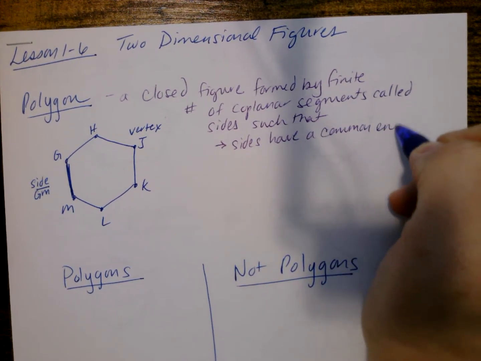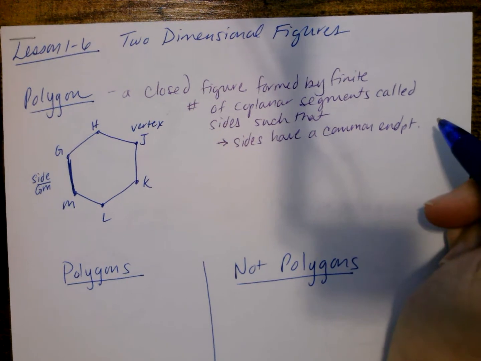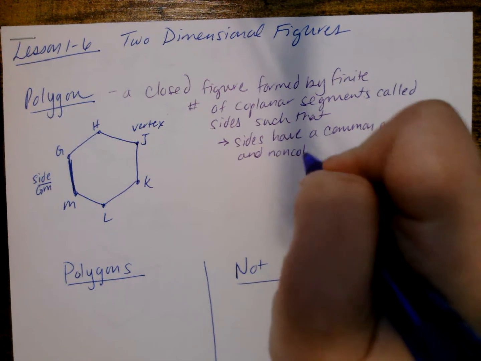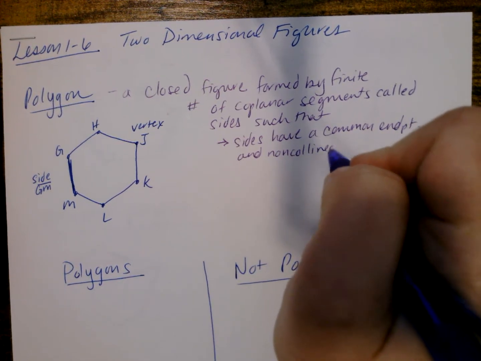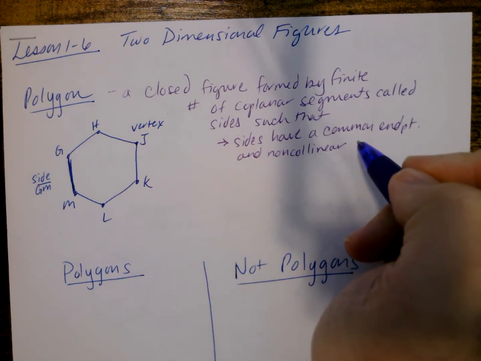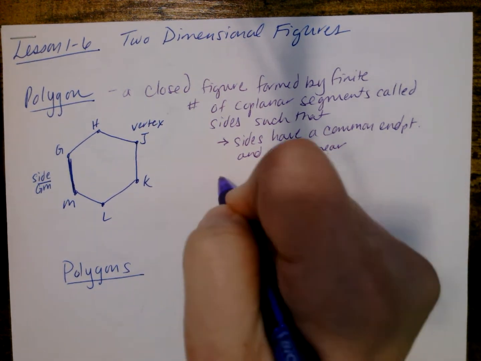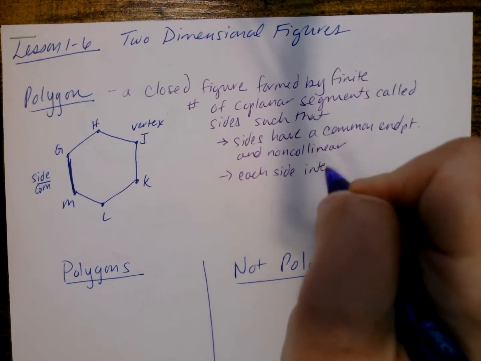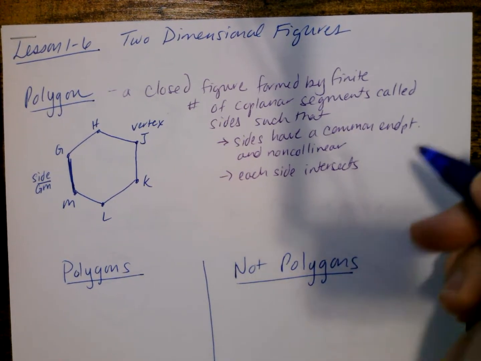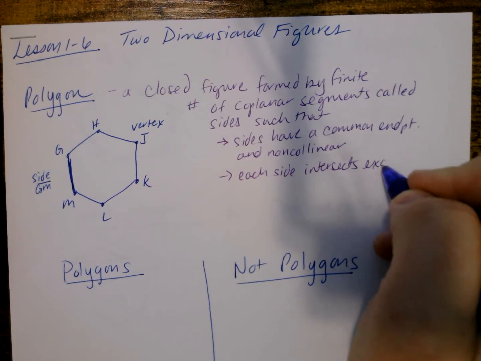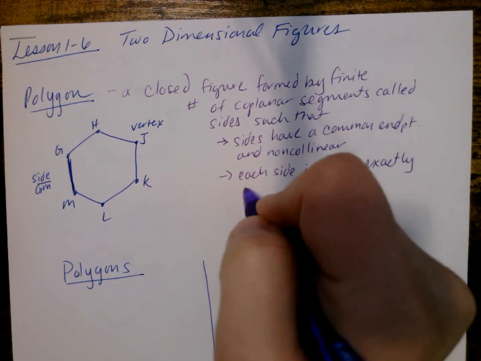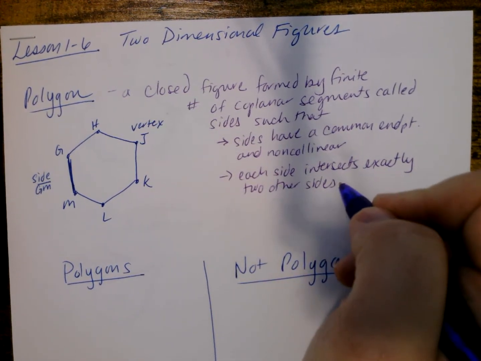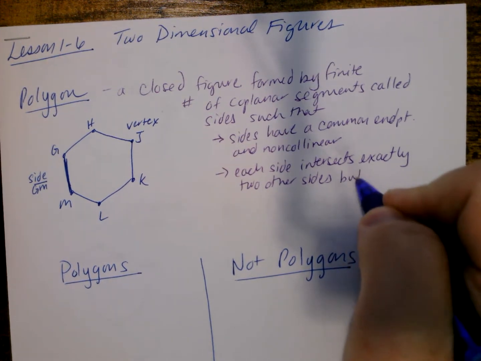Sides have a common endpoint, and they're non-collinear. And then each side intersects exactly two other sides. But only at their endpoints. Okay.